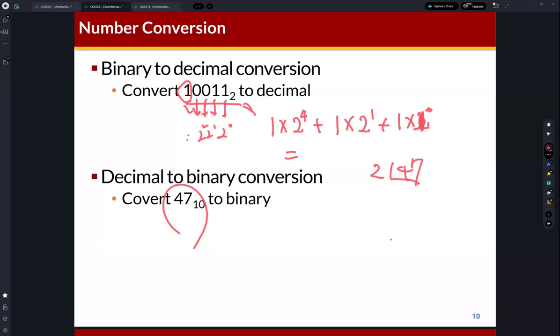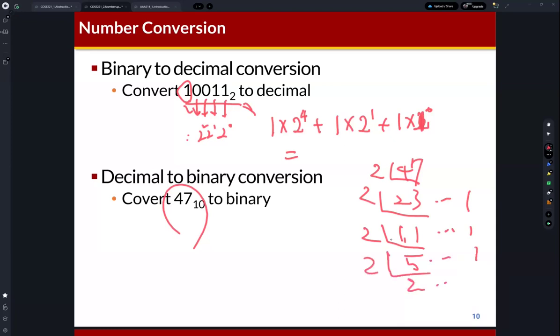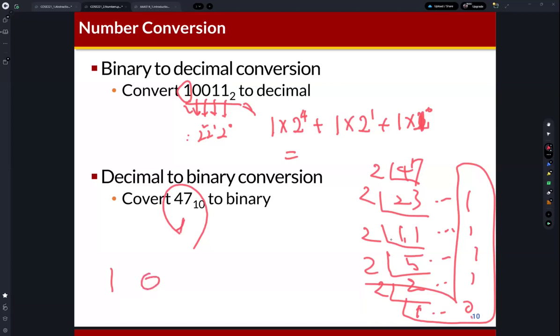So 23, remainder 1, and then 2, 11, remainder 1, and then 2, 5, remainder 1, and then 2, 2, 1, 2, 1, 0. So this is the binary number, right? This is 1, 0, 1, 1, 1, 1, base 2.